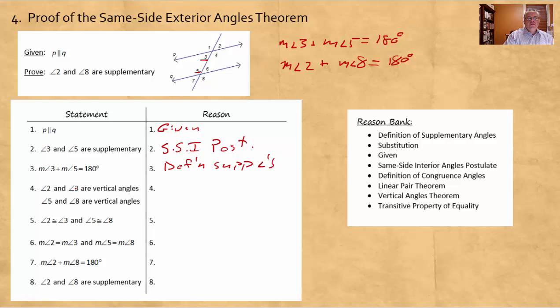And 2 and 3 are vertical angles. 5 and 8 are vertical angles. That's given in the diagram. 2 is congruent to 3, 5 is congruent to 8. Well, if 2 and 3 are vertical angles, they're congruent. That's the vertical angles theorem. Then if they're congruent, their measures are equal. So that's the definition of congruent angles.